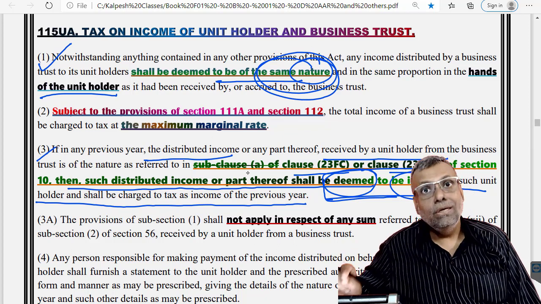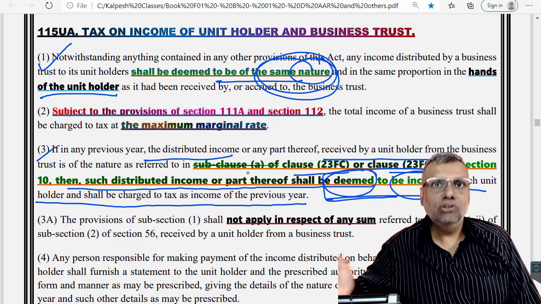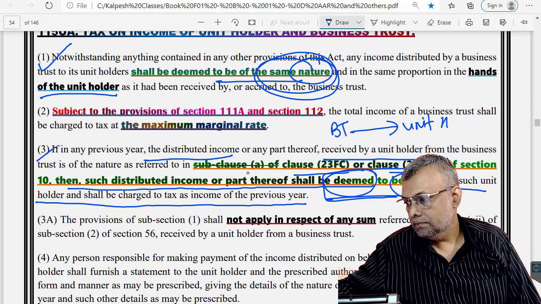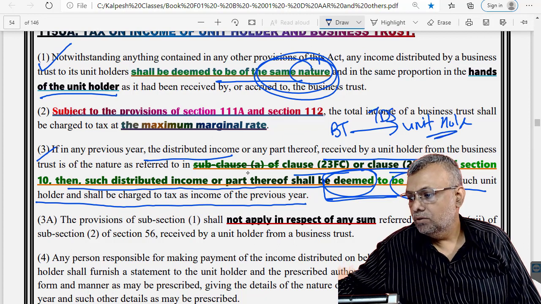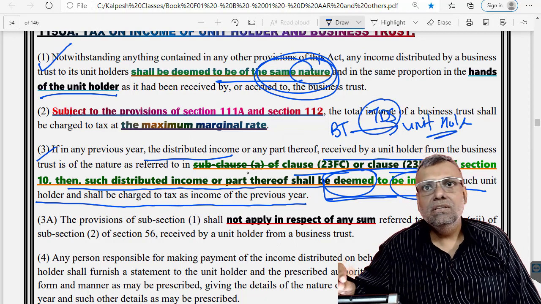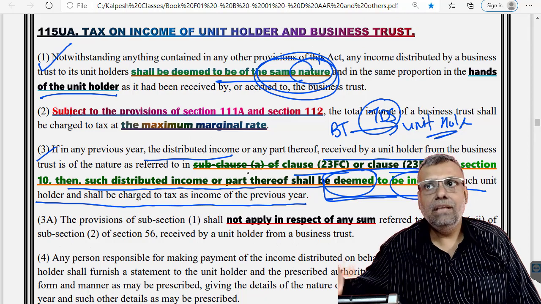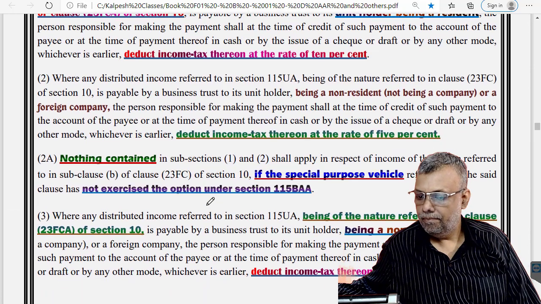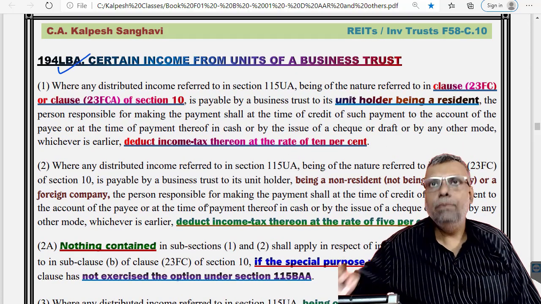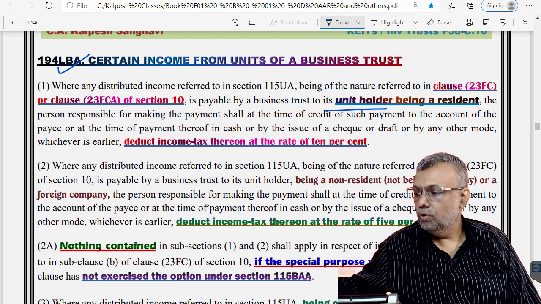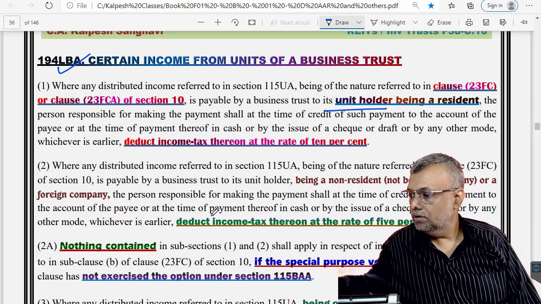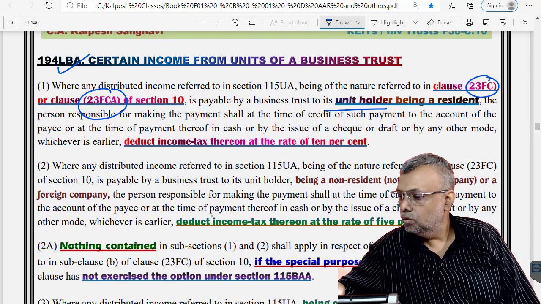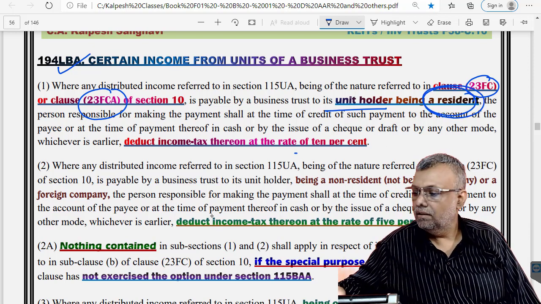Now, the unit holder will also have a TDS obligation. When the business trust makes payment to the unit holder, it will be subjected to TDS obligations, because it is now a taxable transaction in the hands of the unit holder. For that, this is a TDS provision, section 194LBA, which is basically for the unit holder. For 10(23FC) income and FCA income to a unit holder who is a resident, the rate is provided here.